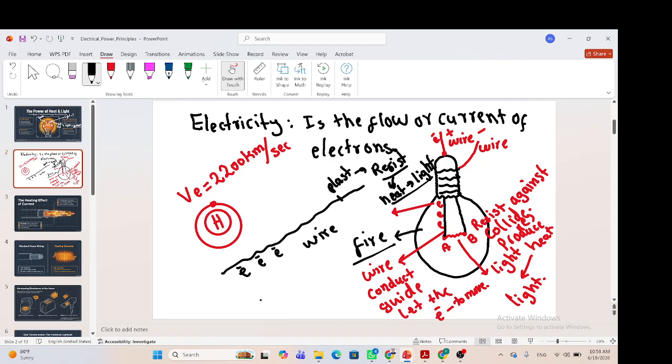Because inside the lamp we have some chemical element or gas that does not produce fire. For example, helium, neon, xenon, radon are gases, and they do not catch fire because they are chemical elements, and they do not react with other chemical substances.